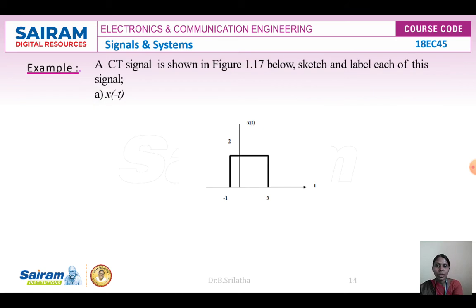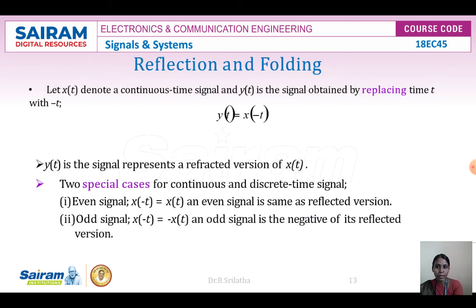Now reflecting and folding. Let x of t denote a continuous time signal, and y of t is the signal obtained by replacing the time t with minus t.